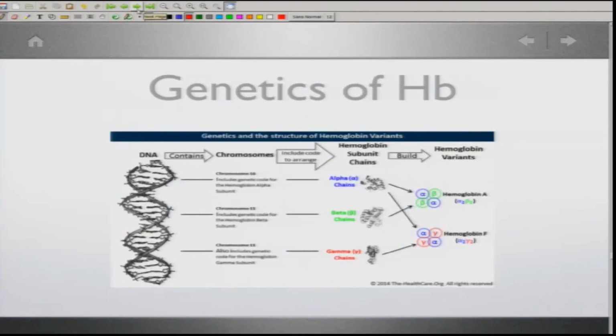And this is the genetic variants which come up, and these are the chromosomes involved, chromosome 11, chromosome 16, chromosome 11, which are involved in generating different kinds of hemoglobin structures.